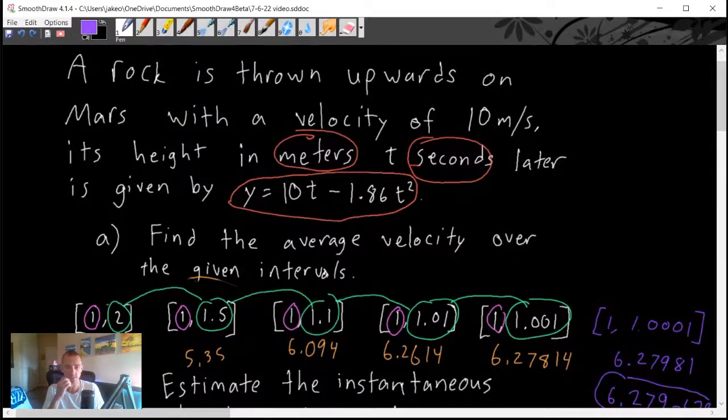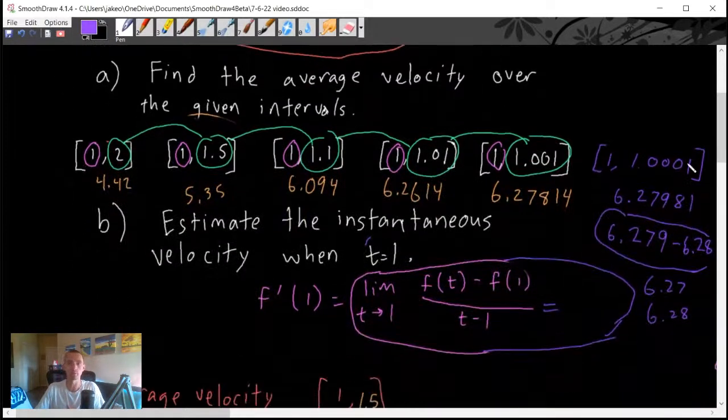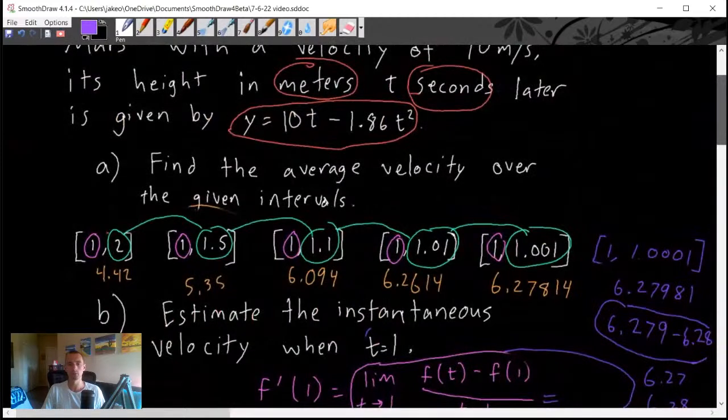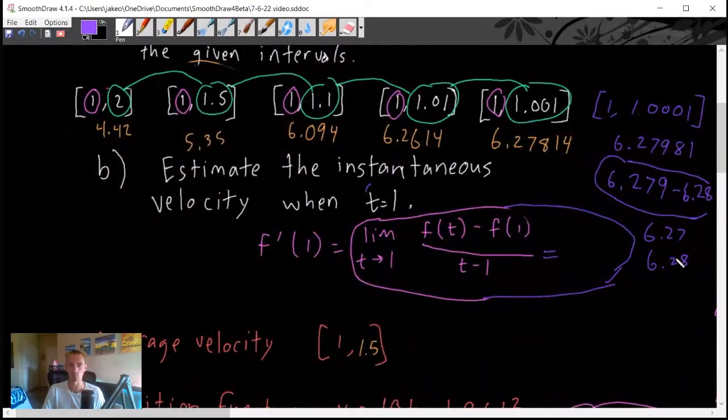So if we were asked to actually find instantaneous velocity at t equals 1, this probably would not be a sufficient answer because it's not exact. If the problem did say within 3 decimal places and we could confirm that this was correct to 3 decimal places, then technically it would be right. But if you were asked to leave it in exact form, rounding to 2 or 3 decimal places is not going to be good enough. But if all we need is an estimate, this is a great way to do that.